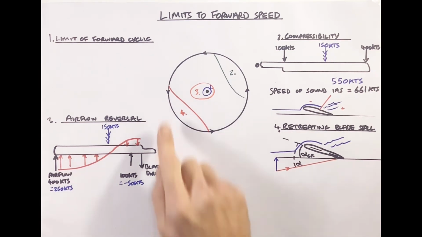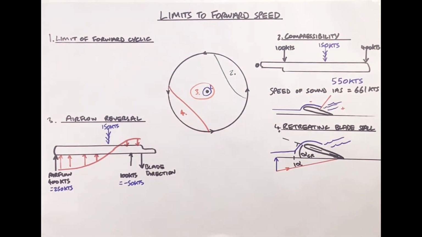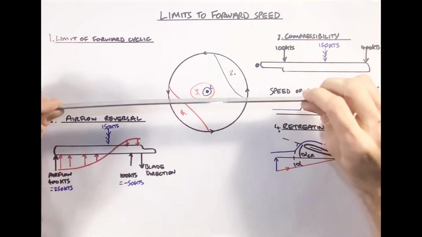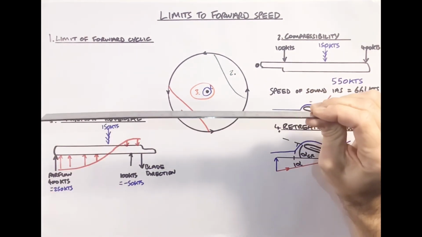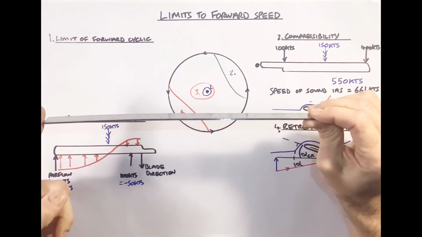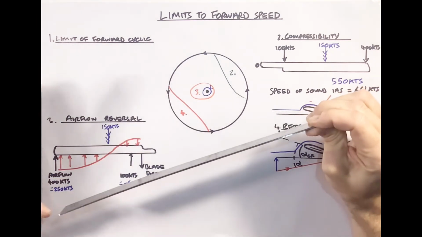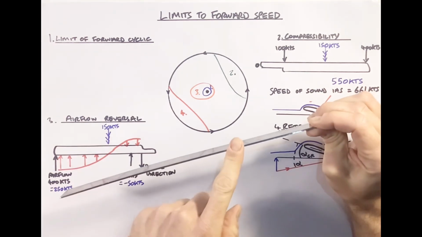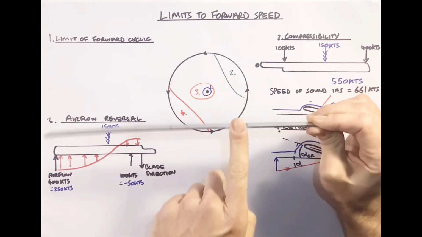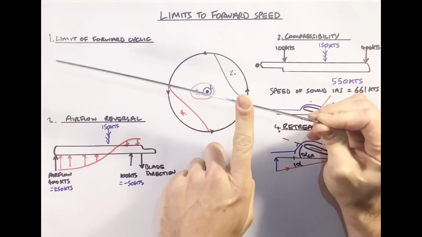Because the blade clearly is going to be travelling vertically, it's going to be travelling at a greater distance at the tip than it is at the root. Thinking about it logically, if this is the mast here and this is the tip, if it flaps down, the tip is moving all the way from there to there, so that's quite a considerable distance, whereas the root is only moving half the distance, or probably about a quarter of the distance.